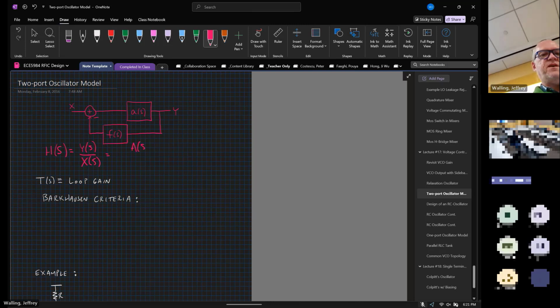So it's always the forward gain over 1 minus forward gain times the reverse gain. Okay, now we care the most about this quantity that we're going to call the loop gain. The loop gain is defined as this term A of S times F of S. So this term right here.